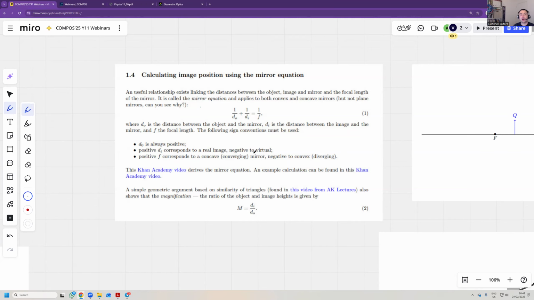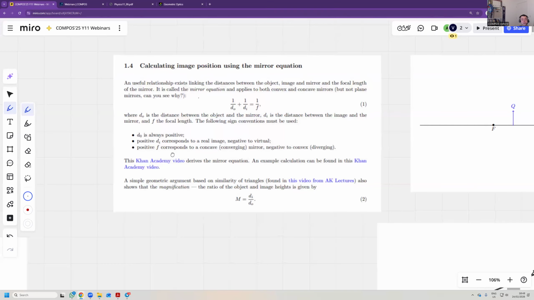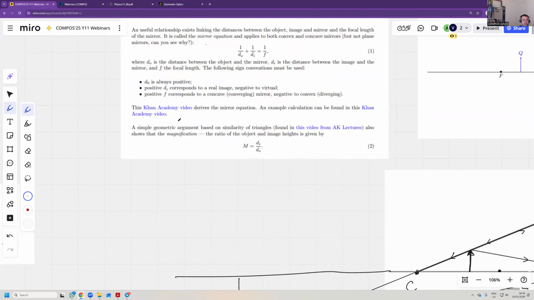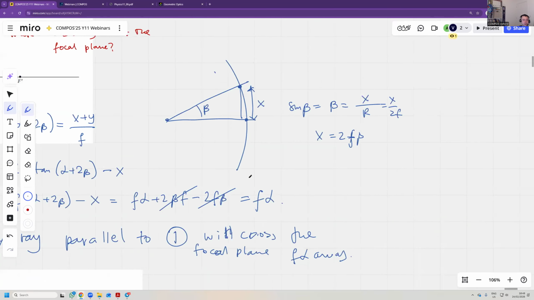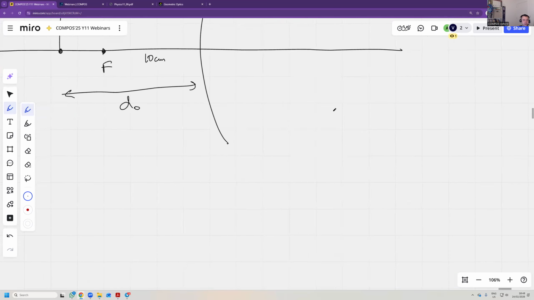So a convex mirror will give you a virtual image. Positive F corresponds to a concave mirror. Right, so DI, the distance.